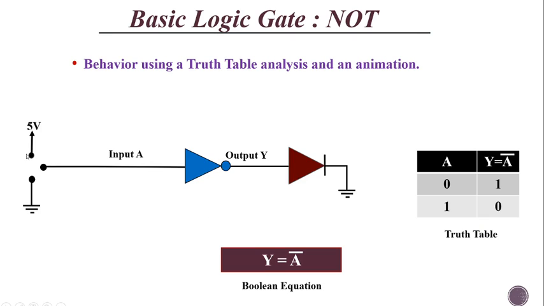Here one switch is connected to the input A, and here an LED is connected at the output. If we connect this input A to logic 0, the output of this NOT gate is 1 and LED becomes on, and when it is connected to logic 1, then output will be 0 and LED becomes off.